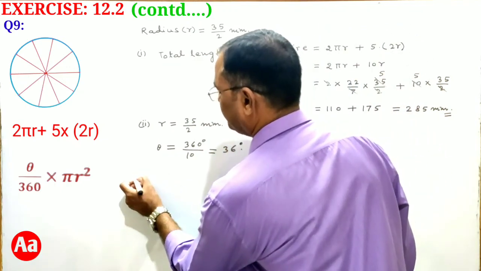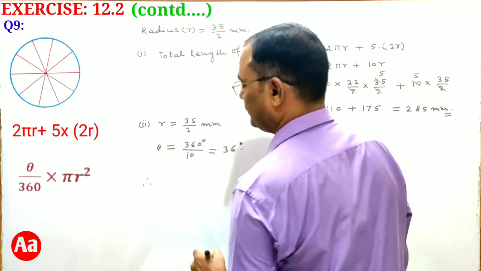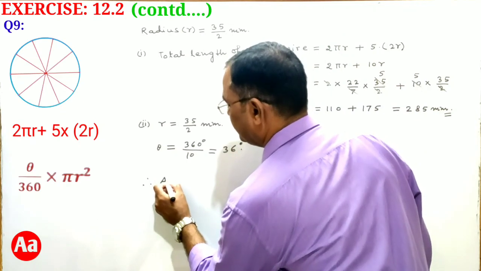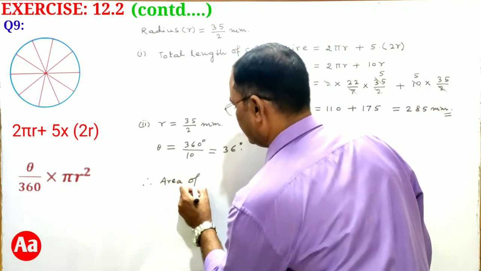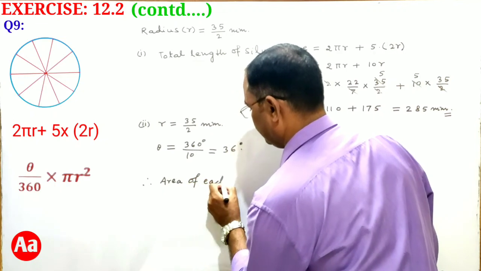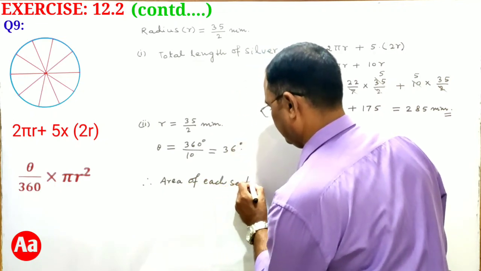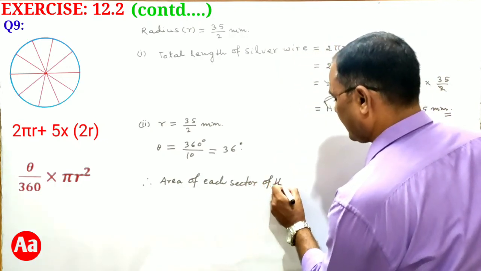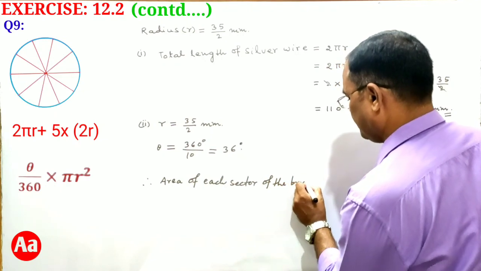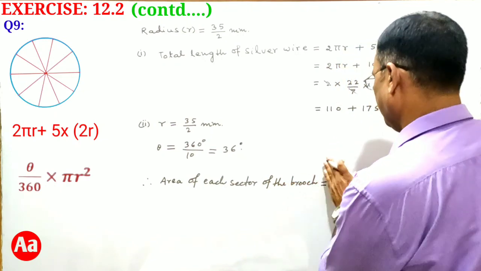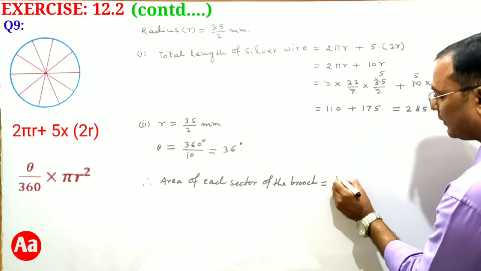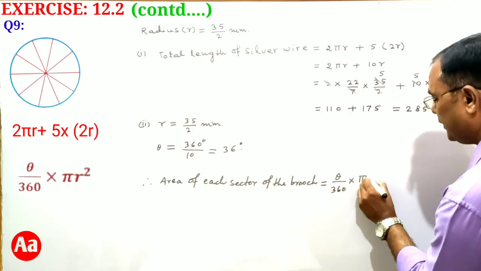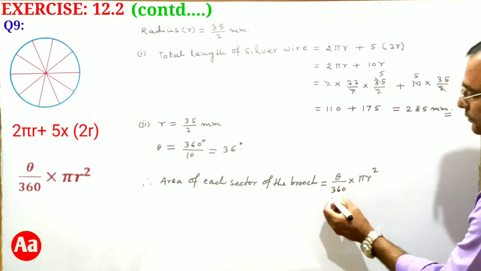Therefore, area of each sector of the brooch. Area of each sector is equal to sector formula theta by 360 into pi r square.